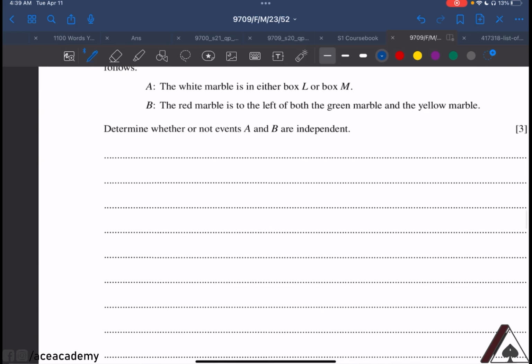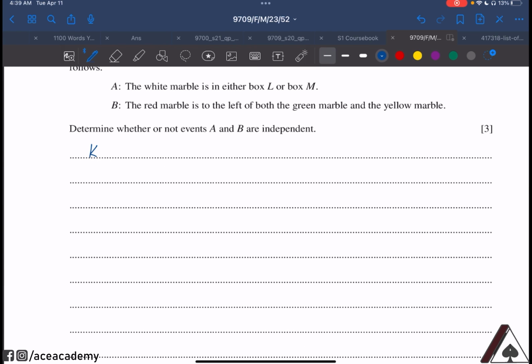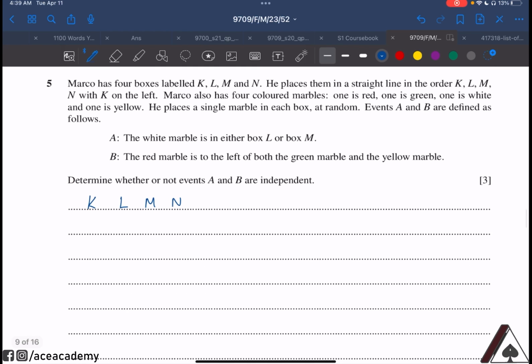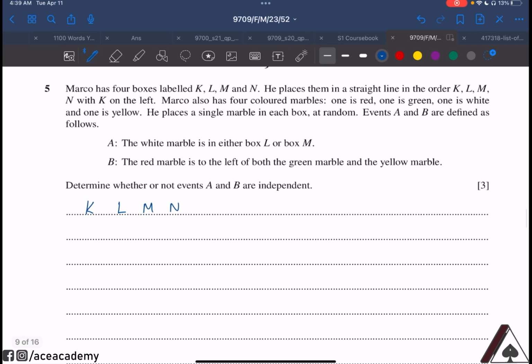Alright, so there are basically 4 boxes K, L, M, N, and there are 4 marbles, which are red, green, white, and yellow.